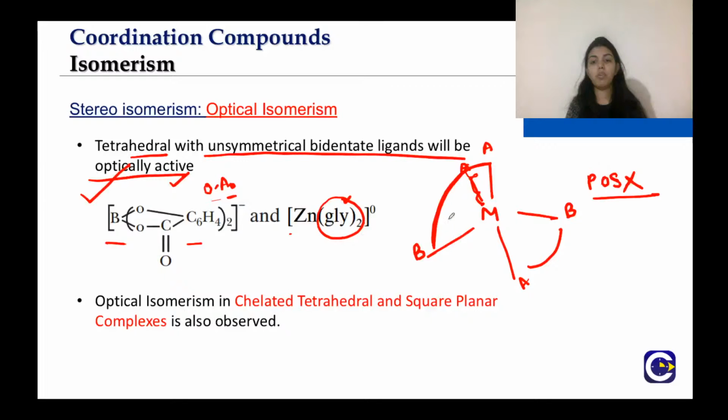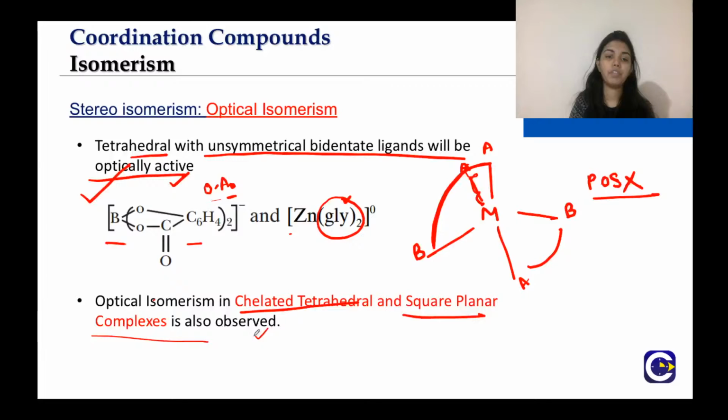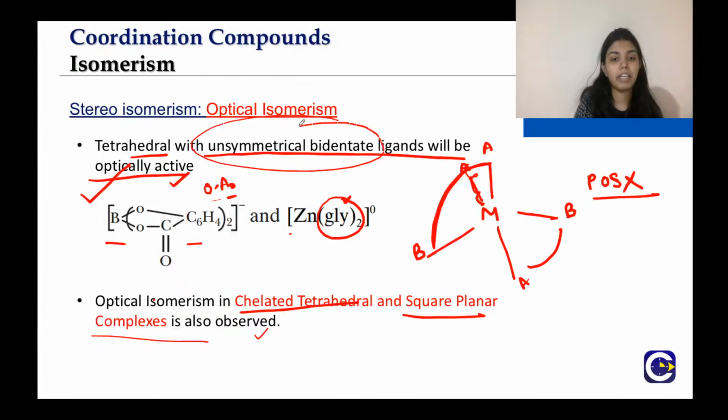Okay. Now, optical isomerism in chelated tetrahedral and square planar complexes is also observed. So here you can see that optical isomerism in chelated tetrahedral will be shown when there is an unsymmetrical bidentate ligand, right? And square planar complexes, because they have a plane like this.